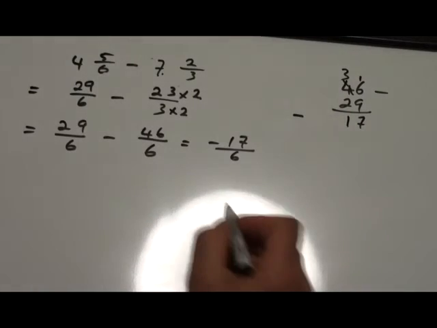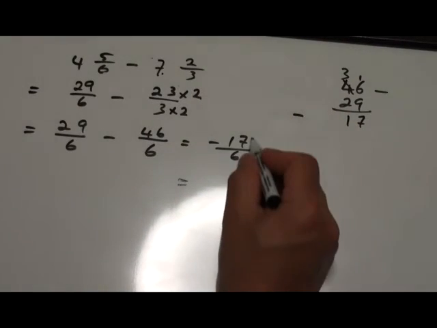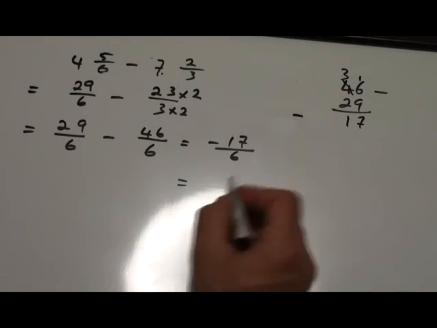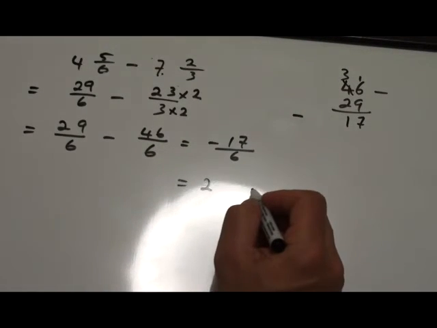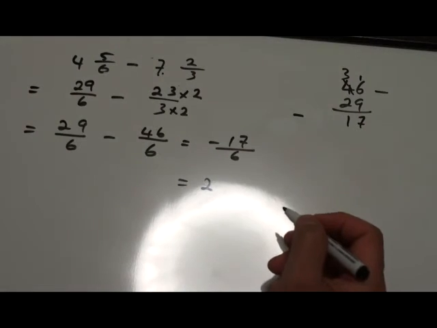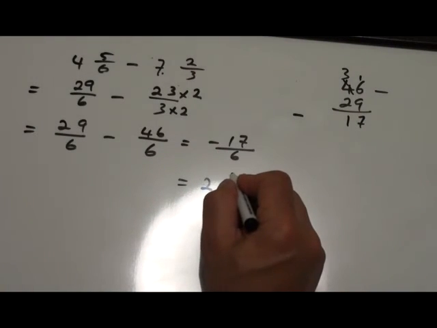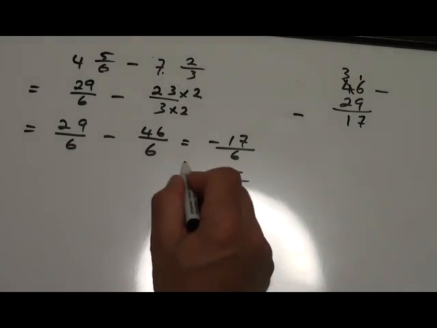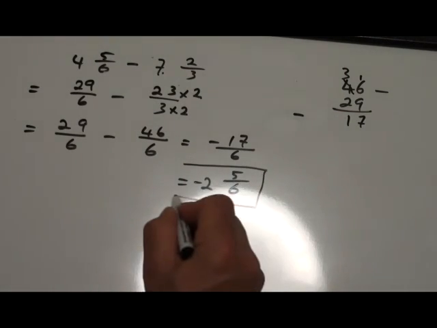So there's my negative. Now let's change our improper fraction to a mixed number. 6 into 17 goes 2 times. 2 6s are 12. 17 take away 12 gives me my remainder, which is 5 over 6. Don't forget the minus. That is my finished answer.